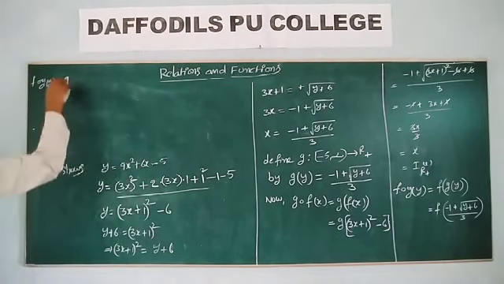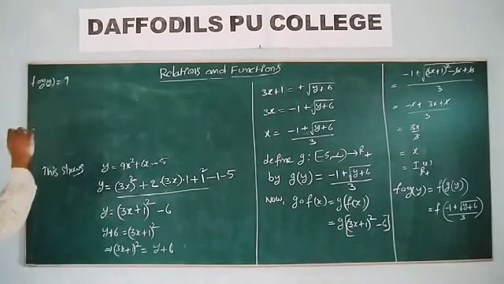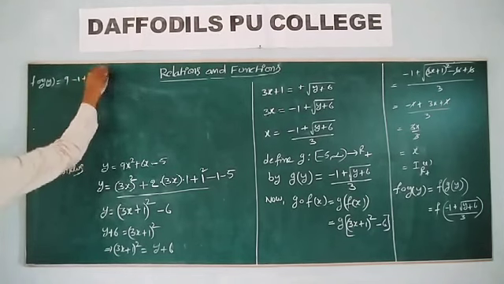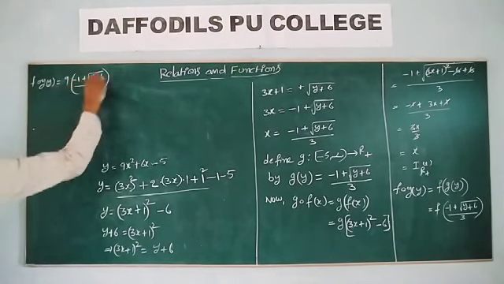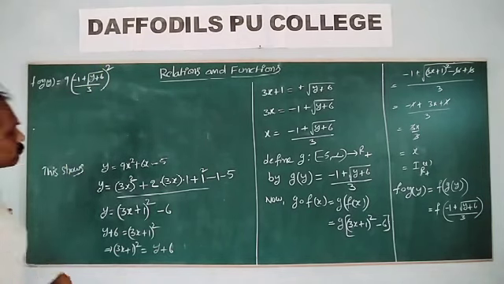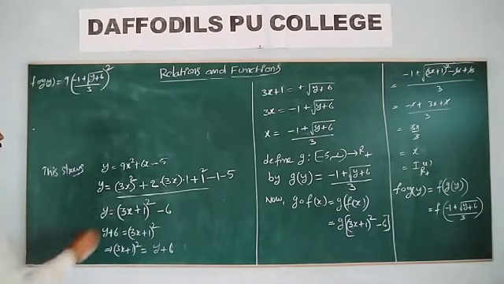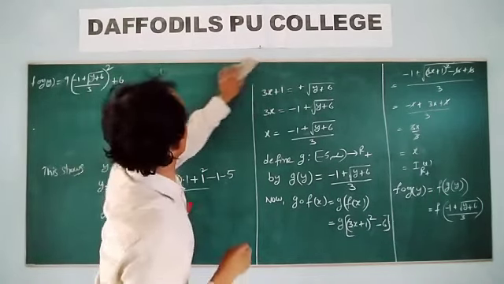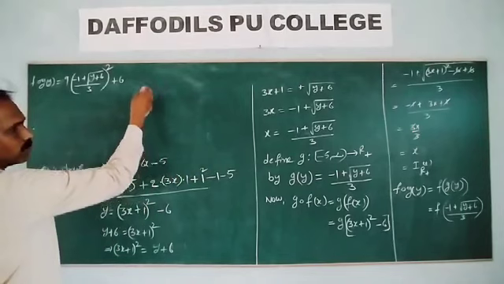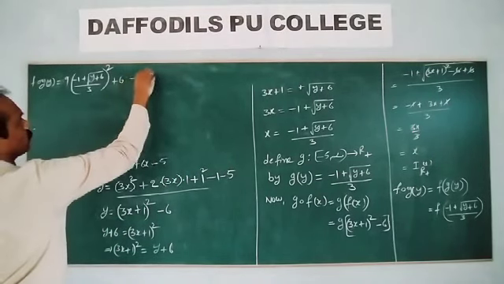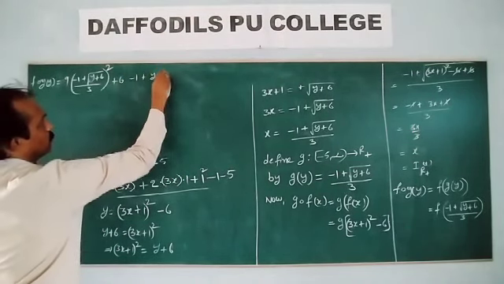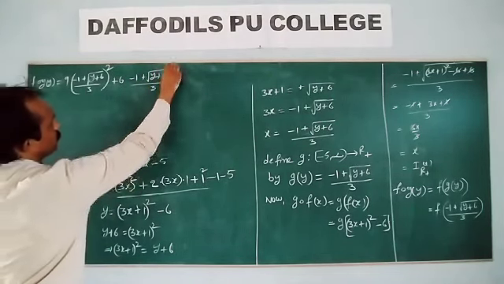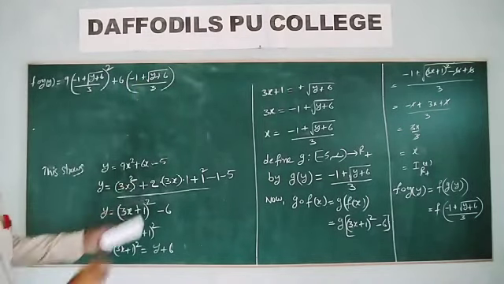In this, 9 into (minus 1 plus root of y plus 6, divided by 3) whole square, plus 6 times x, where x is replaced by minus 1 plus root of y plus 6 divided by 3, minus 5.